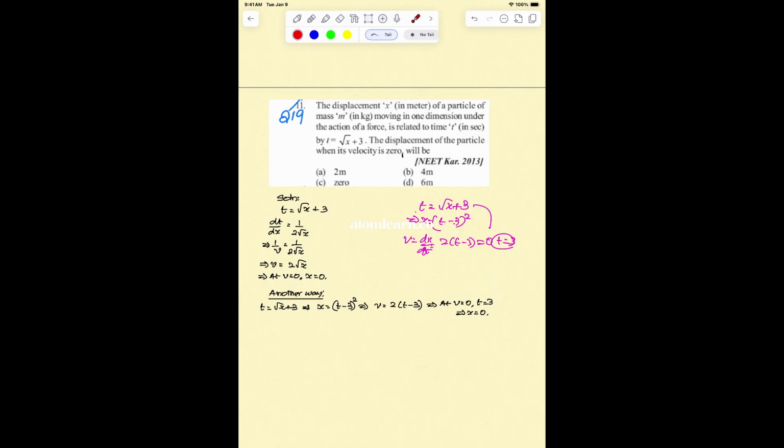It can be converted into a method which deals with the independent variable as time, which is a straightforward direct method, and therefore it is preferable to convert into it, because it is convertible.